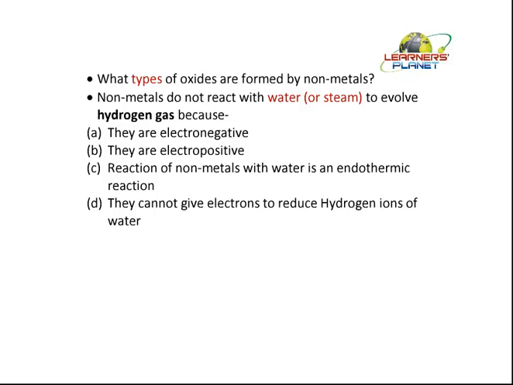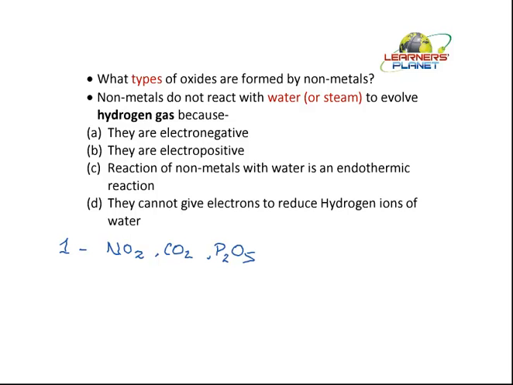Why are they forming acidic oxides, or how do you know that? I'll take examples of NO2, carbon dioxide, or phosphorus pentoxide.